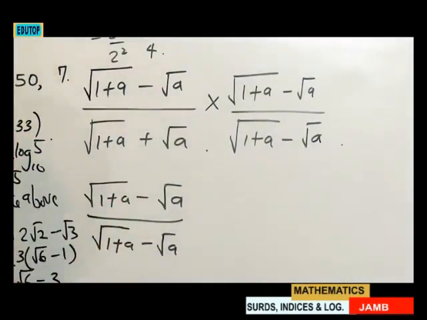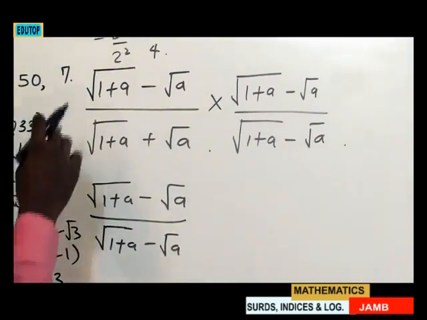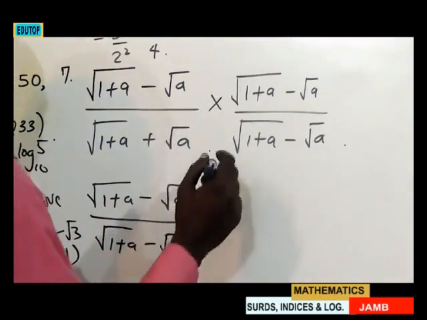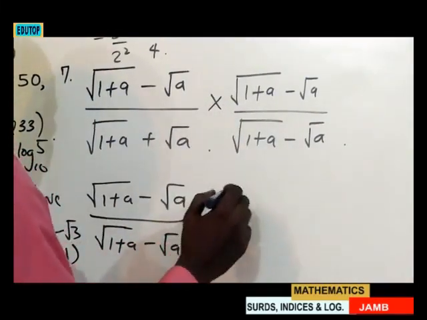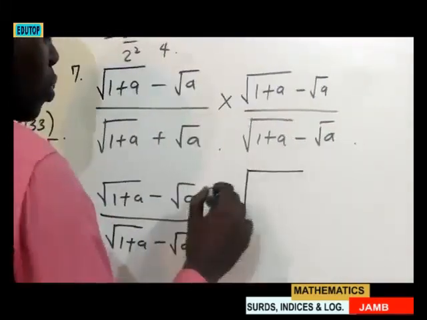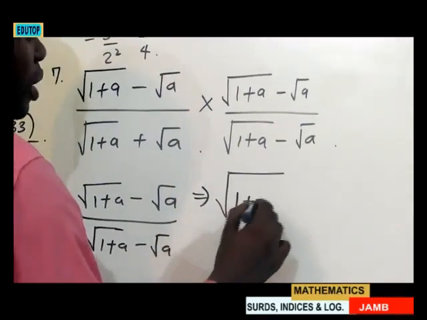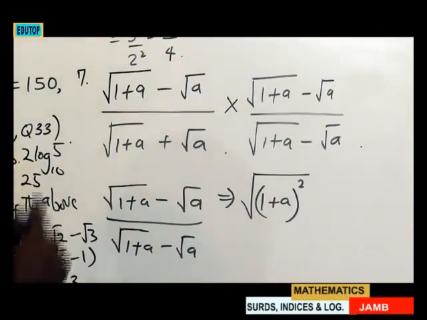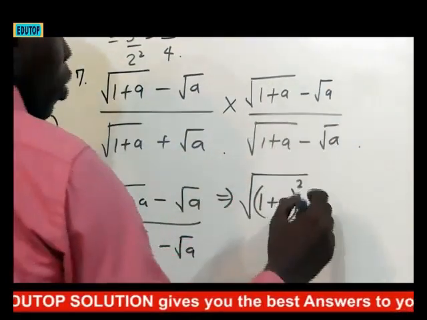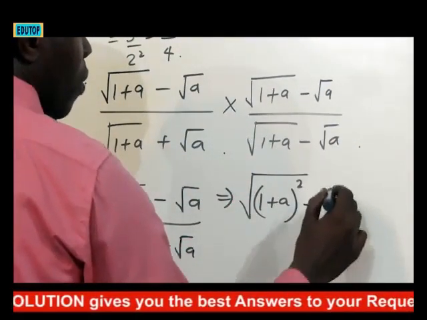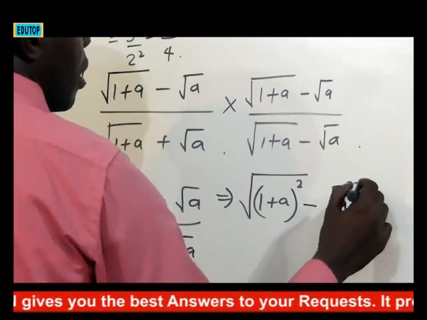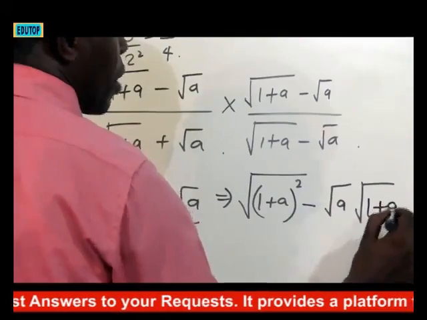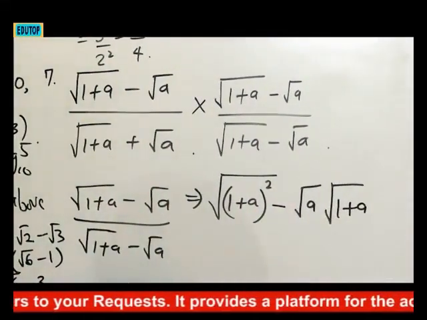So we take this one by one. Square root of 1 plus a times square root of 1 plus a, what I'm going to have is square root of 1 plus a all squared. Then this times this, we have minus square root of a into root 1 plus a.